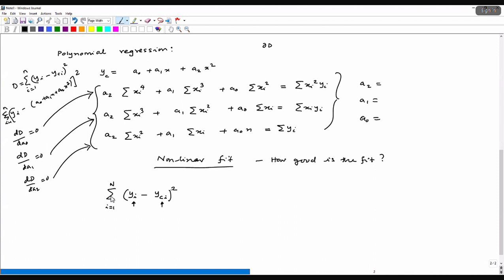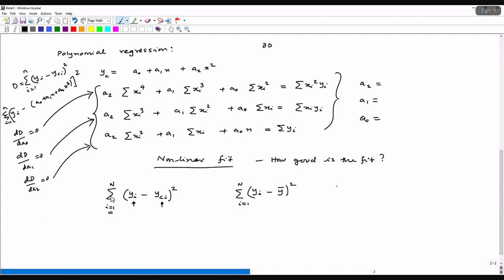The difference between the two, square it and do that for each of these i's. You also find out the sum of yi minus y mean square, i equal to 1 to n.